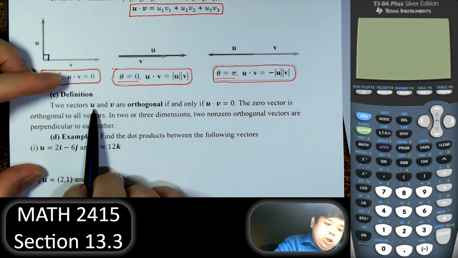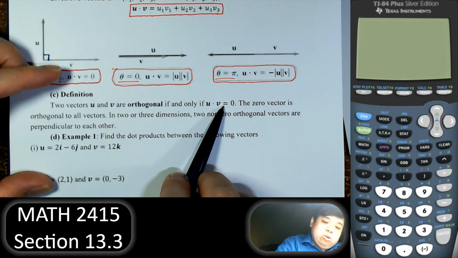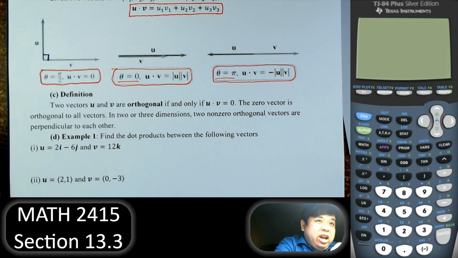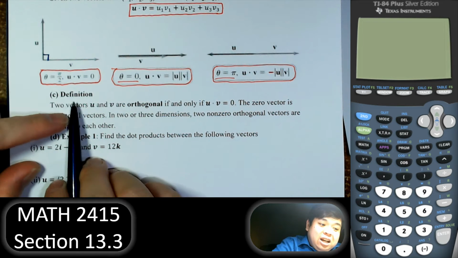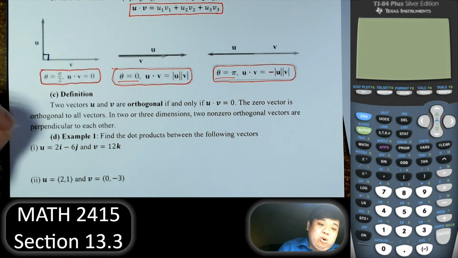Two vectors u and v are orthogonal if the dot product is equal to 0. By the way, from this section and the next one, every single detail is very important, so we have to pay attention. It didn't say two non-zero vectors, right? It just said two vectors, and did not say any dimension or anything.